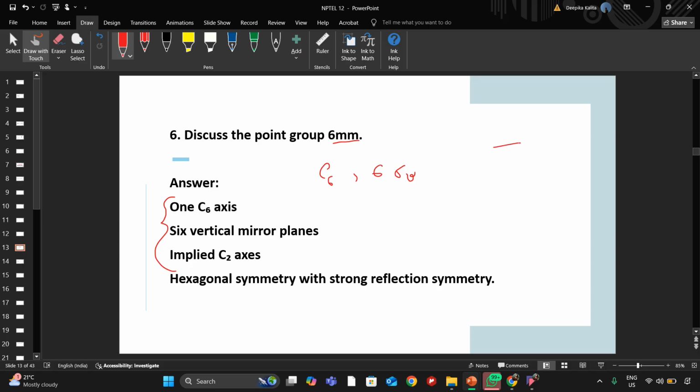Okay, somewhat like if we draw it, it will look like this, where it will have six-fold axis of rotation.